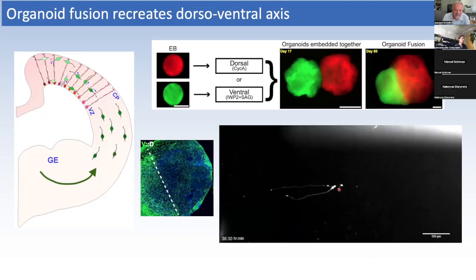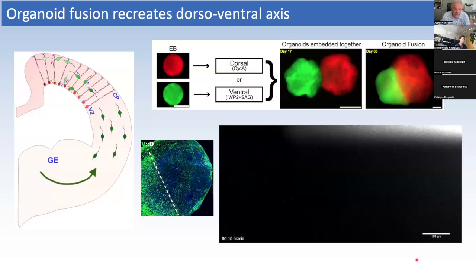And then the cell body, which is actually here, is then dragged along in that direction. So these fusion organoids are now called assembloids, and these assembloids can be used to model neural migration or the outgrowth of axons in a certain direction.